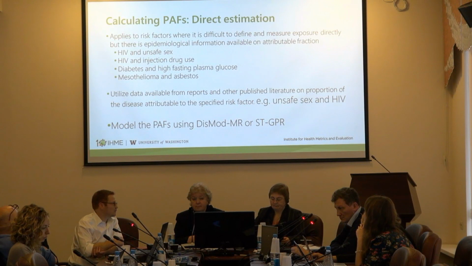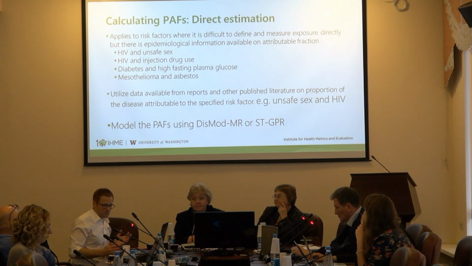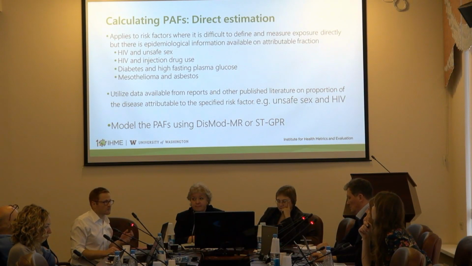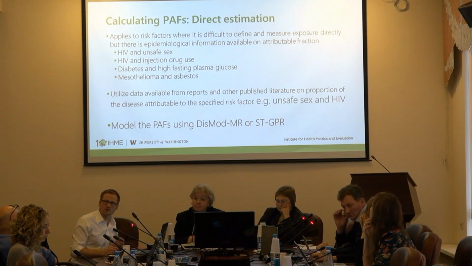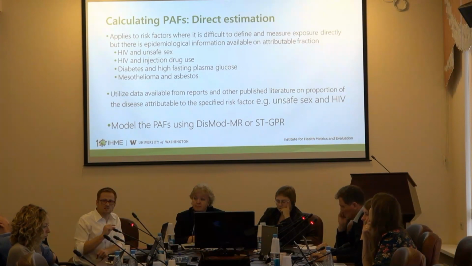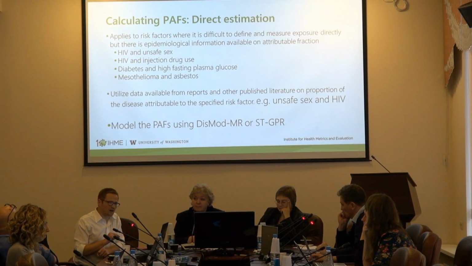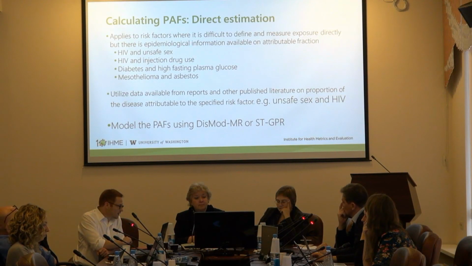And those studies say we looked at 1,000 people with HIV, and X percentage acquired through unsafe sex, Y percentage acquired through injection drug use, and so forth. So it's actually, in this case, easier and a more data-rich environment to directly calculate those PAFs from the literature. We don't use this for a lot. We use this for only a handful of risks.